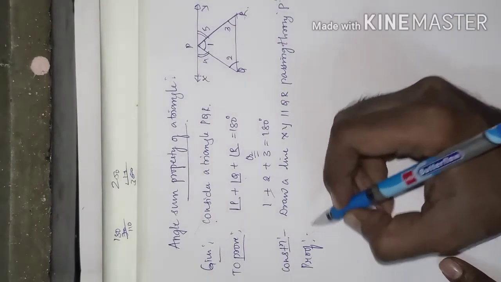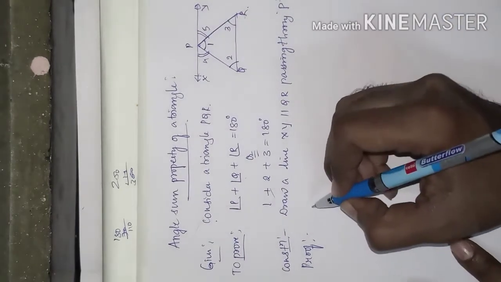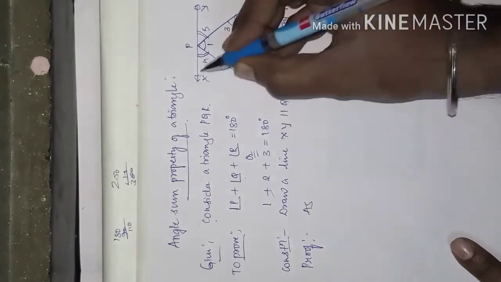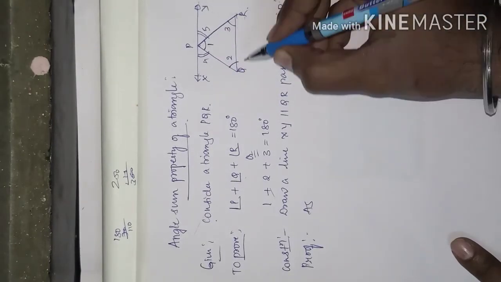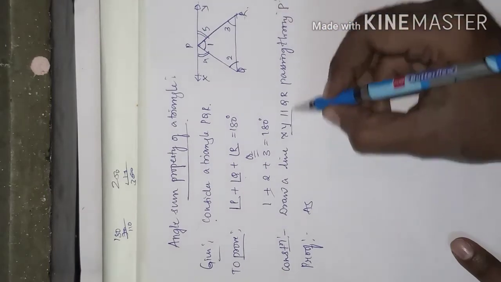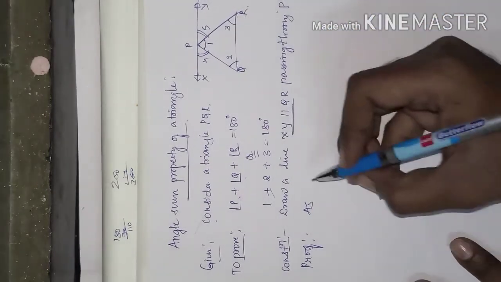Proof. Now as XY and QR are parallel lines, as we said in the construction part, we'll use that.